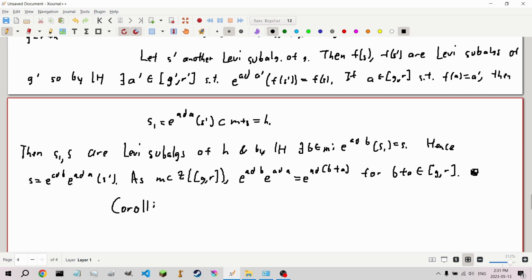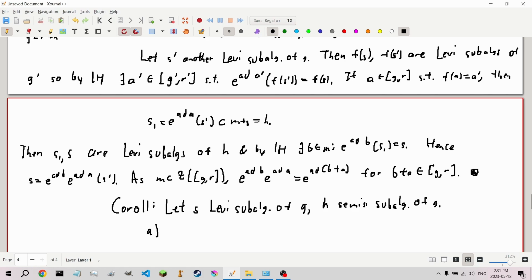Corollary 1. Let S be a Levi subalgebra of G and H a semi-simple subalgebra of G. Well, it comes in two parts.